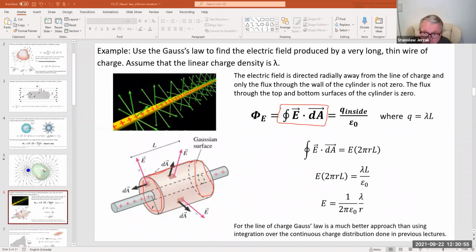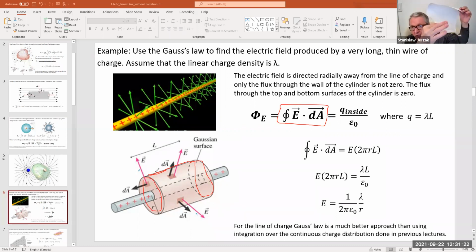This is my model of the cylinder. Do you see the cylinder? And the line of charge is lying like my pen inside of the cylinder. Now, when I calculate the flux through this surface, this is the radius of that cylinder.